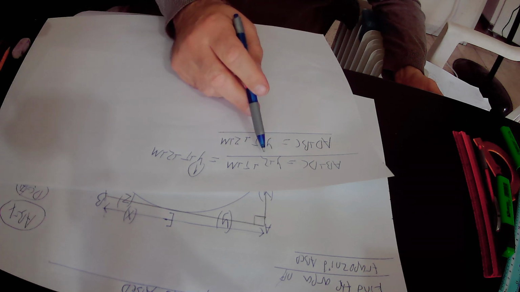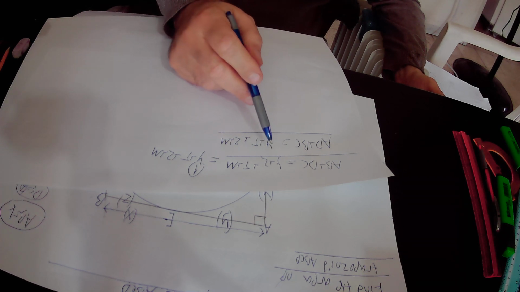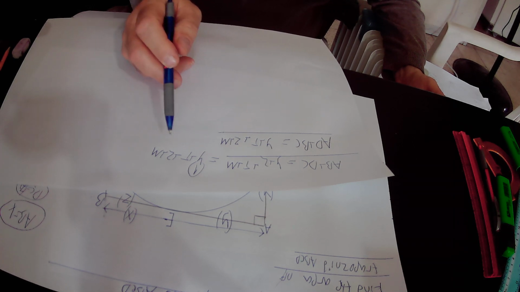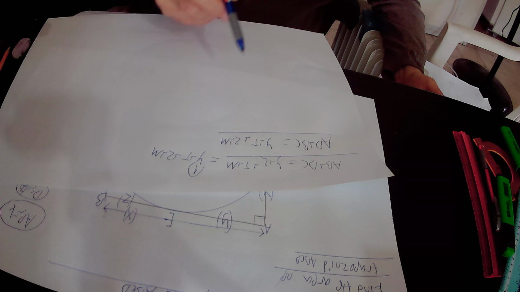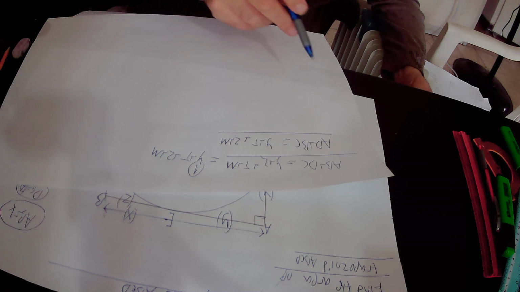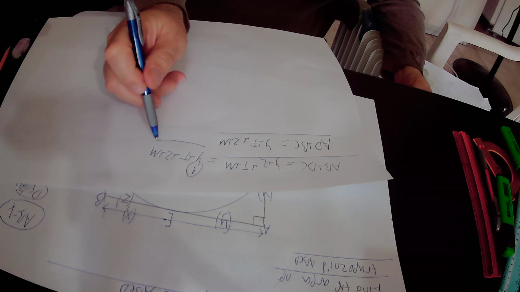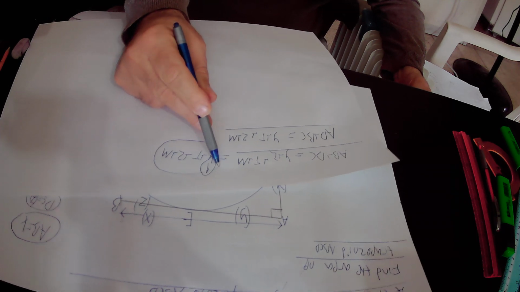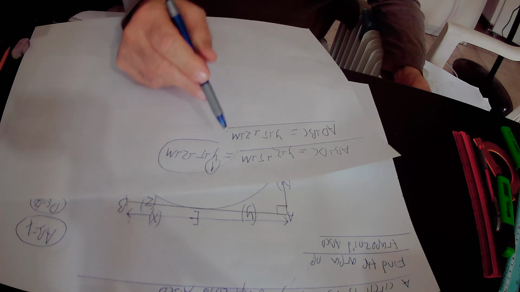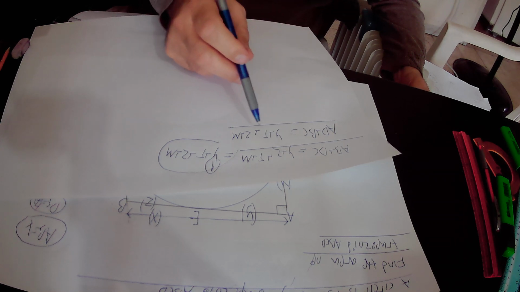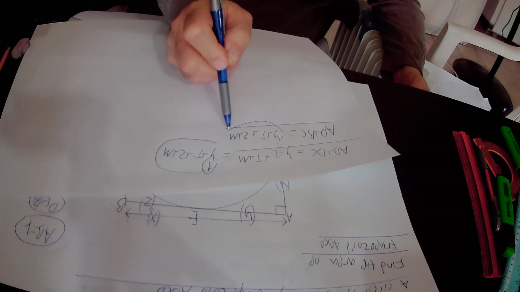Therefore, instead of Y plus Z plus T plus M, we can write Y plus T plus Z plus M. So in conclusion, we found out that AB plus DC equals Y plus T plus Z plus M, and AD plus BC also equals Y plus T plus Z plus M.